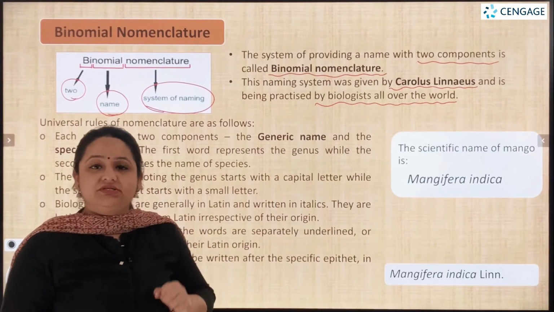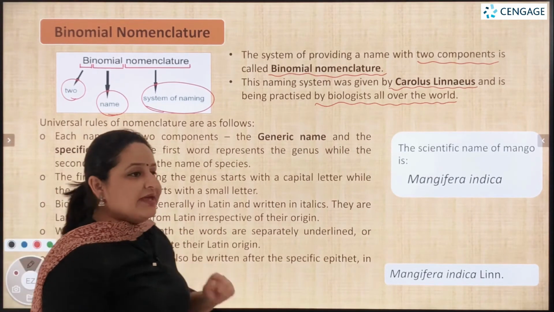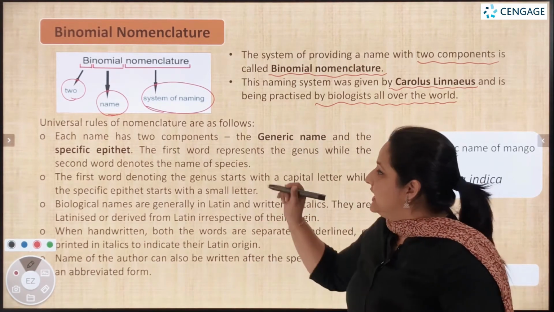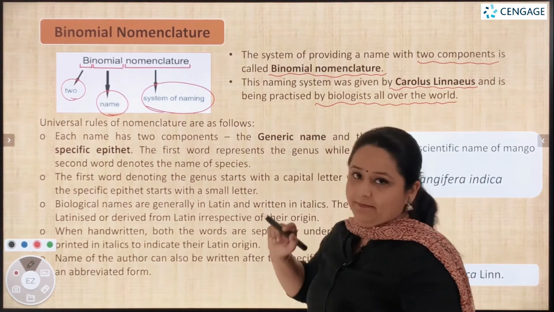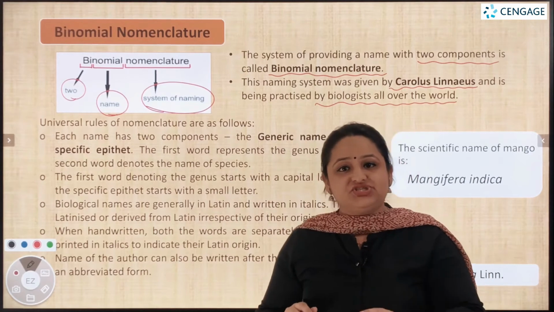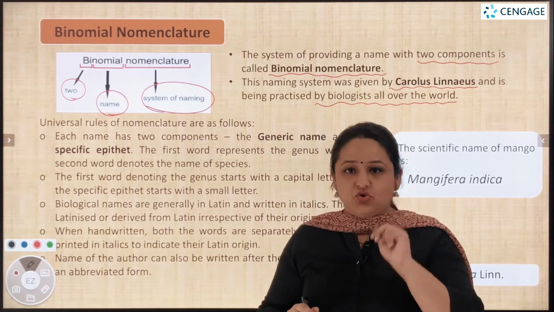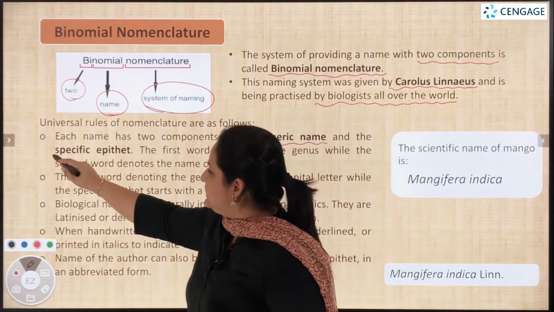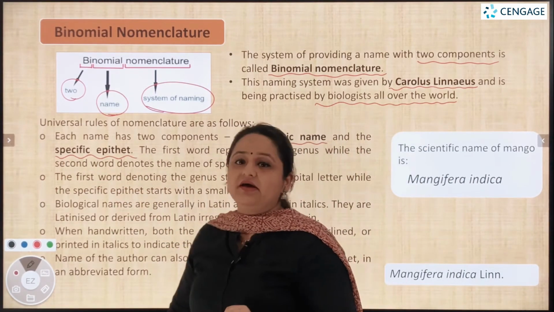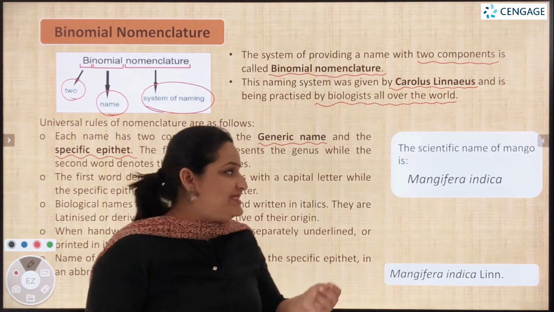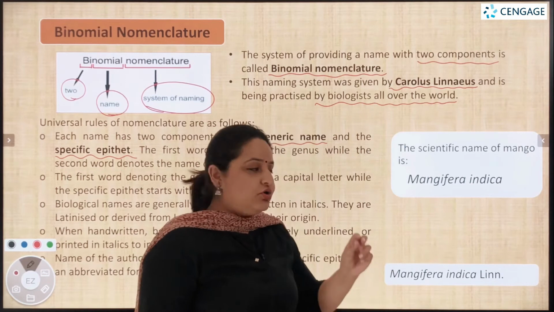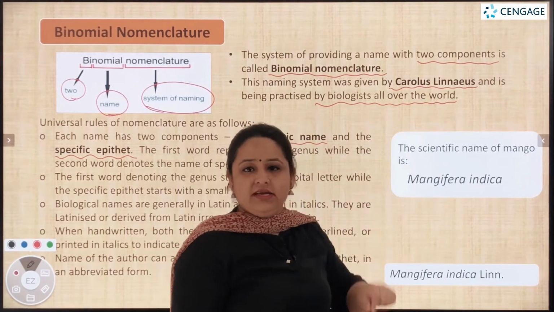Now let's come to certain rules which are used to name the organism. The very first rule is that each name has two components. That means each name of an organism has two components. The very first is a generic name and the other is a specific epithet. So let's take an example. This is the scientific name of mango, called Mangifera indica.